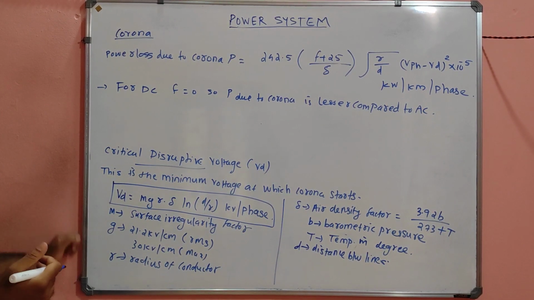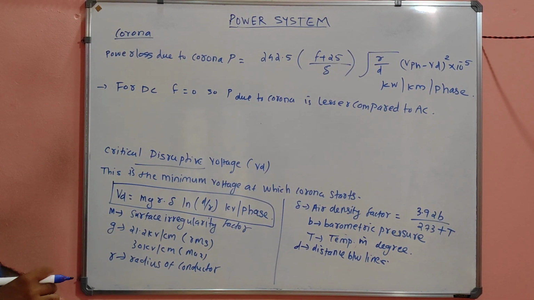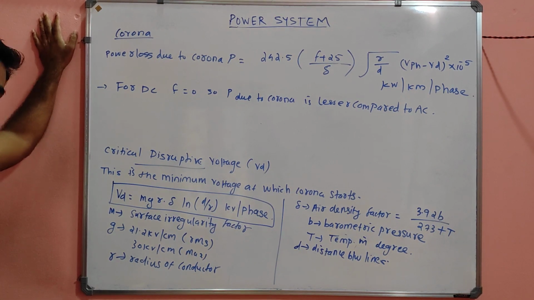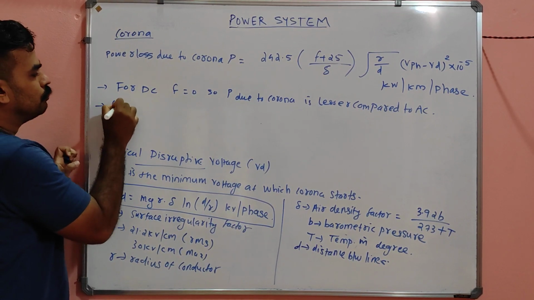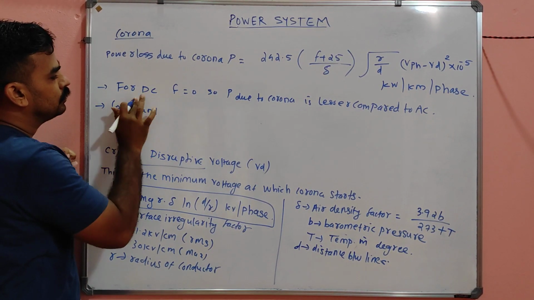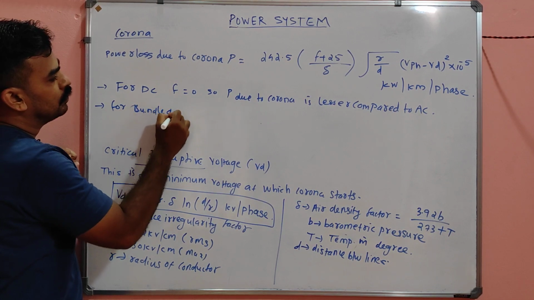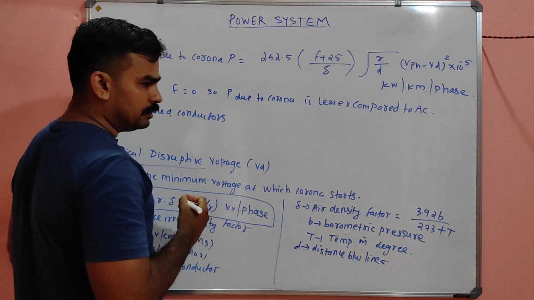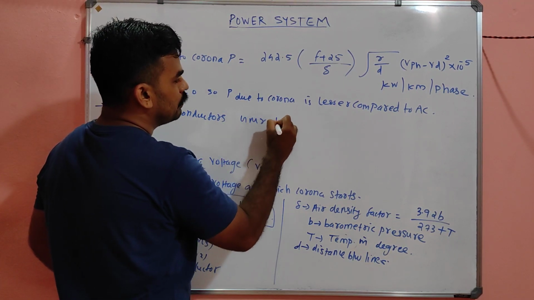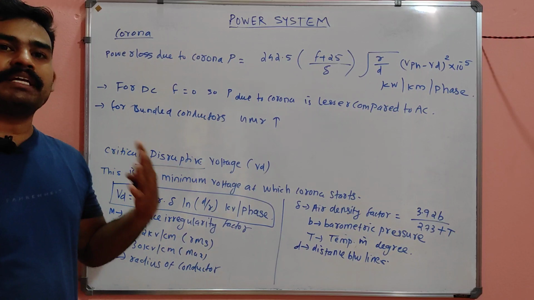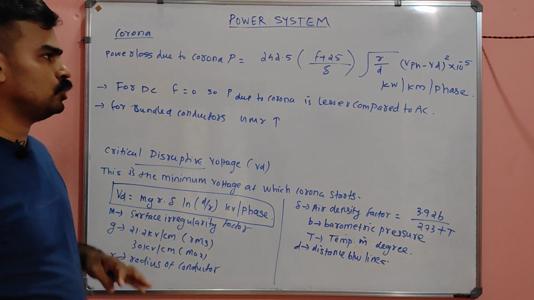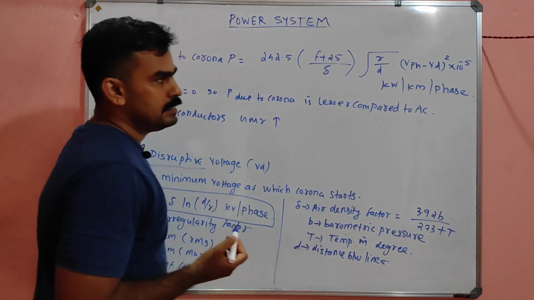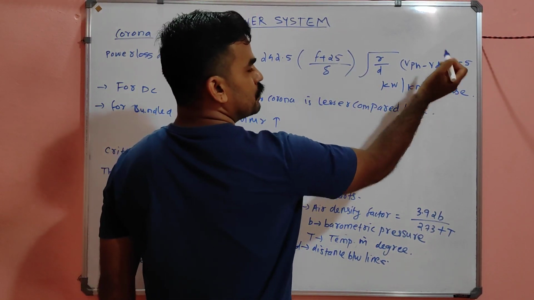Also, for bundled conductor, the GMR, the geometrical mean radius, will be high. So see the expression for VD, forget the root thing.